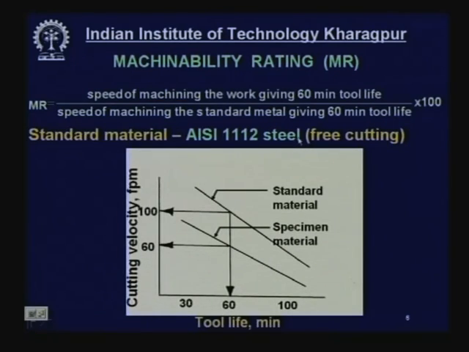Basically, this is sulfur, and in addition to that a little amount of tellurium is also added, and this is called free cutting steel of particular grade AISI 1112 steel. This has been taken as a standard material, and with respect to this other materials have been compared in terms of the cutting velocity which imparts 60-minute tool life.